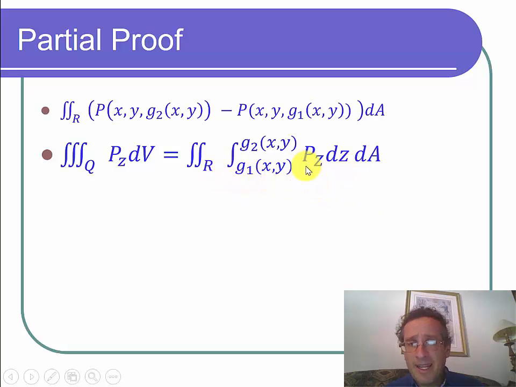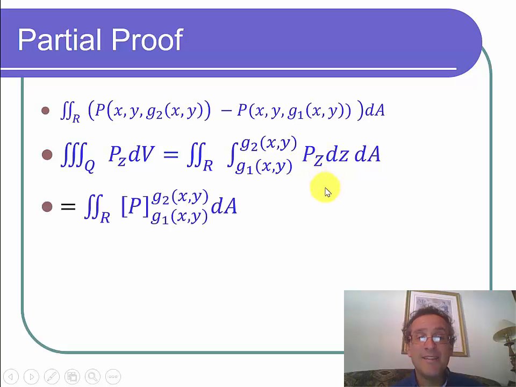But now there's something really nice. We have this p sub z dz. What is the integral of the derivative? It's itself. So the integral of p sub z dz is just p. So I could rewrite this triple integral now as a double integral over the region R of p from g1 of xy to g2 of xy dA.